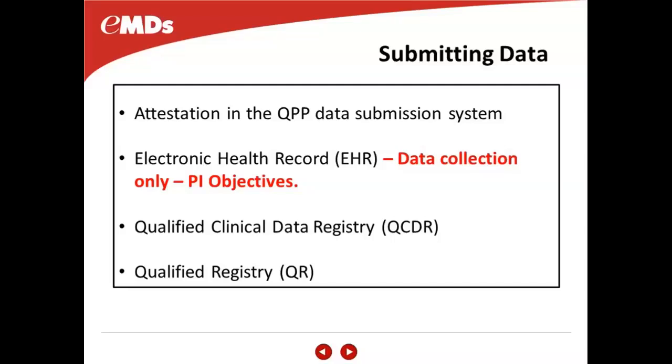You should have a dashboard of some sort to be able to manually enter that information. But again, anything that you're going to be reporting on, you want to make sure that you run it and that you're prepared to attest to that information before you ever start.